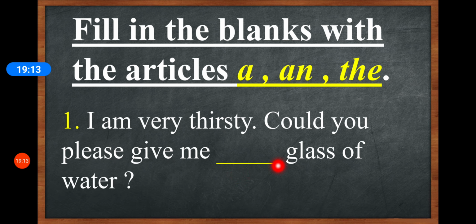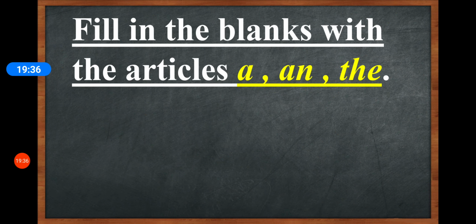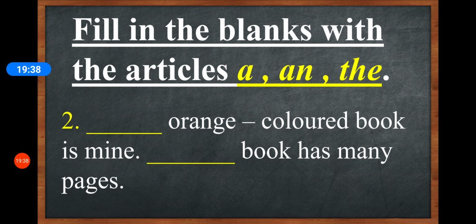Yes, we are talking about a singular object. Consonant sound. We know. And we are talking about it for the first time. So which article? Quick. Very easy. Yes, could you give me a glass of water? Children, keep your answers in your mind or jot down somewhere.